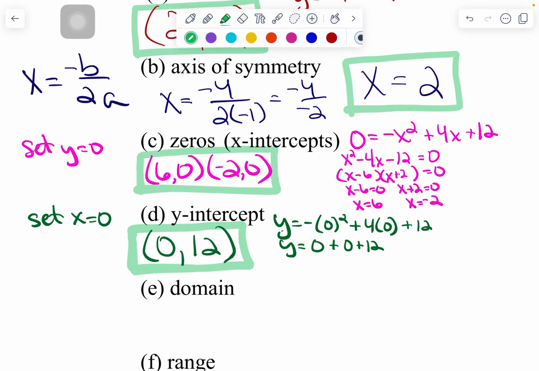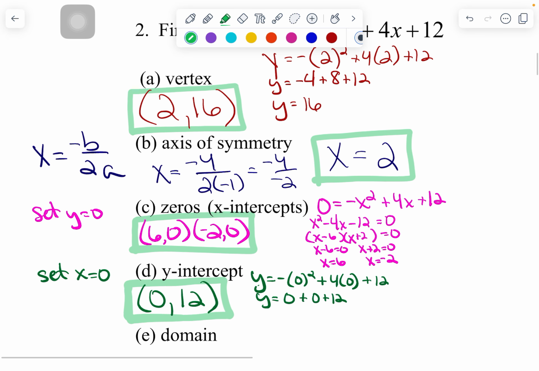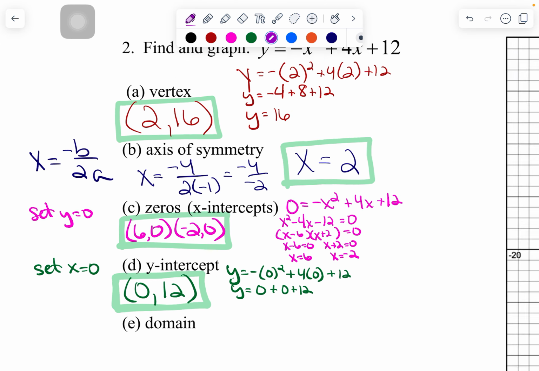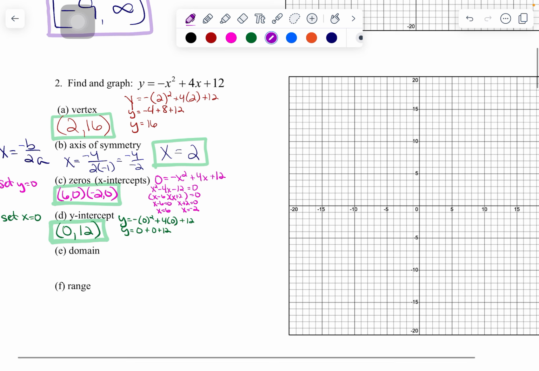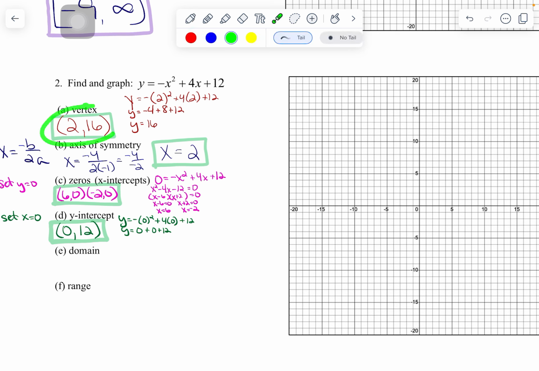All right, so I've got all the bits, parts, and pieces here. I've got my vertex, my axis of symmetry, my zeros, my y-intercept, and I'm going to graph it. All right, so all those pretty little points are going to go on my grid. And so let's do the zoom out here so I can see my grid. All right, so for the vertex, I'm going to start at the origin. I'm going to count 2 to the right because positive 2, and then go all the way up to positive 16.